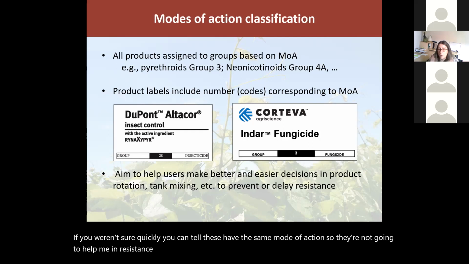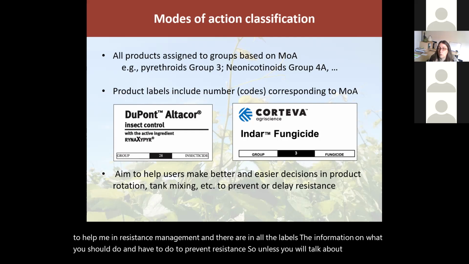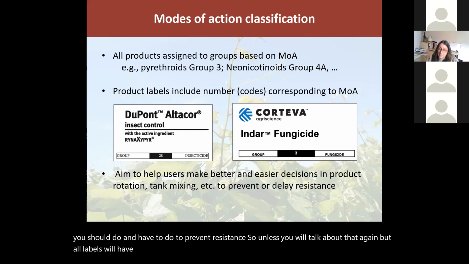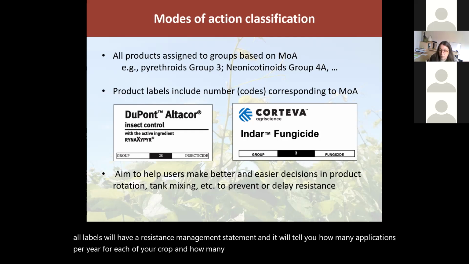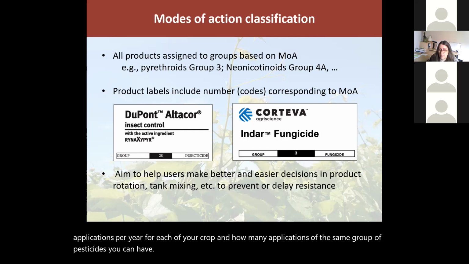And all the labels have information on what you should do and have to do to prevent resistance. Leslie will talk about that again, but all labels will have a resistance management statement, and it will tell you how many applications per year for each of your crops and how many applications of the same group of pesticide you can have to delay or prevent resistance.